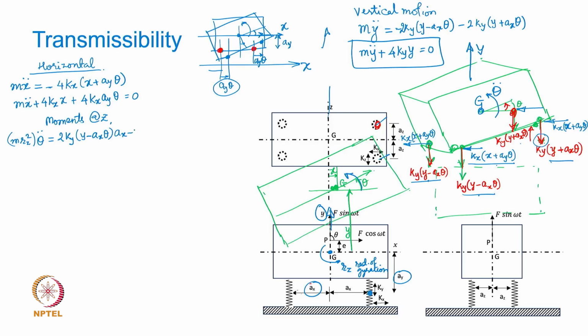So minus 2 ky into (y plus ax theta) into ax are the moments created by the two forces on the right side mount positions. Now these are only vertical forces, we will have to now include the horizontal forces as well.